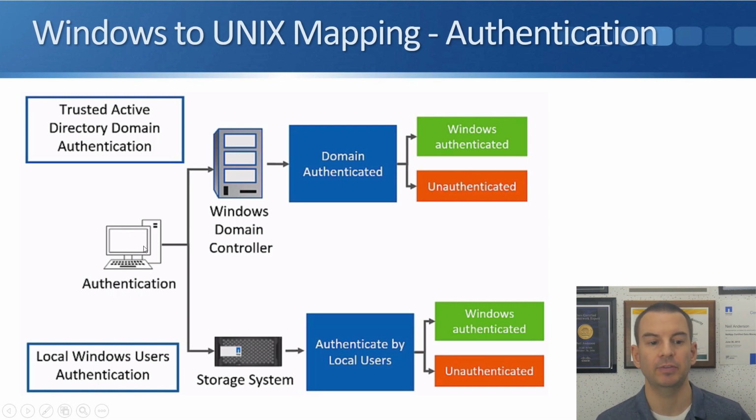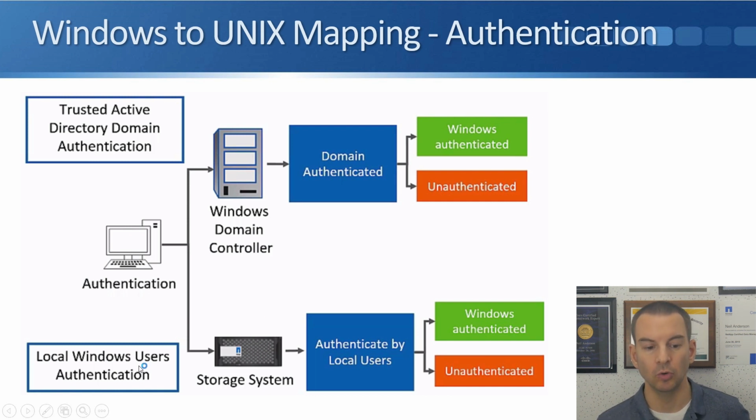They're either going to be authenticated against the Active Directory domain, which is more common, or maybe in a smaller or a specialized environment, we can have them authenticated against local Windows user accounts, which are configured on the ONTAP system. So if they're being authenticated against Active Directory, they'll be authenticated by the Windows domain controller, and they're either going to be authenticated because they enter a valid username and password, or unauthenticated, meaning they don't enter a valid username and password.